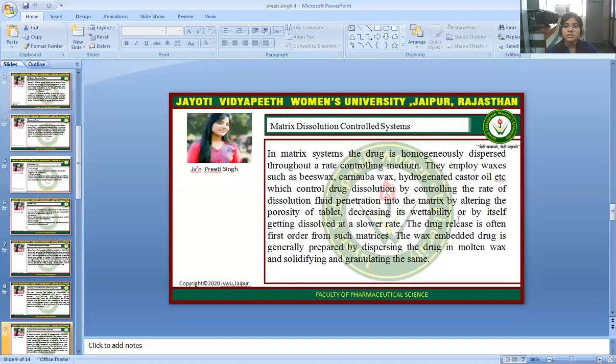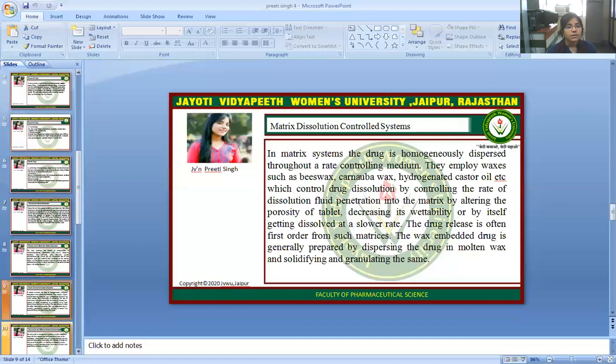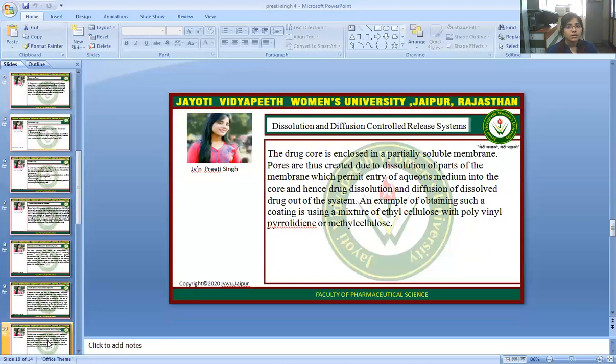The drug release is often first order from such matrices. The wax embedded drug is generally prepared by dispersing the drug in molten wax, solidifying and granulating the same.